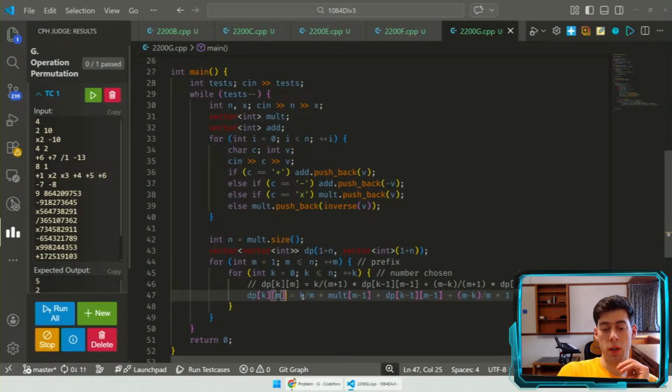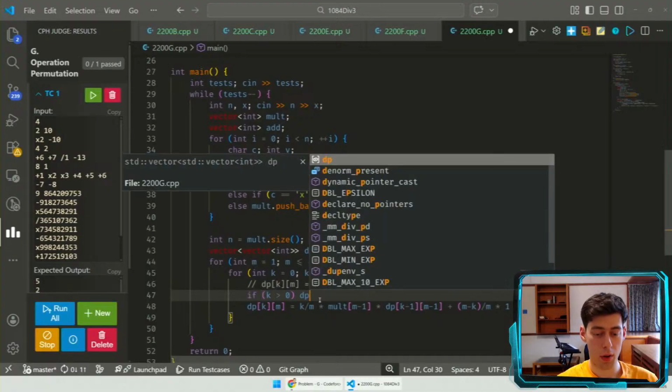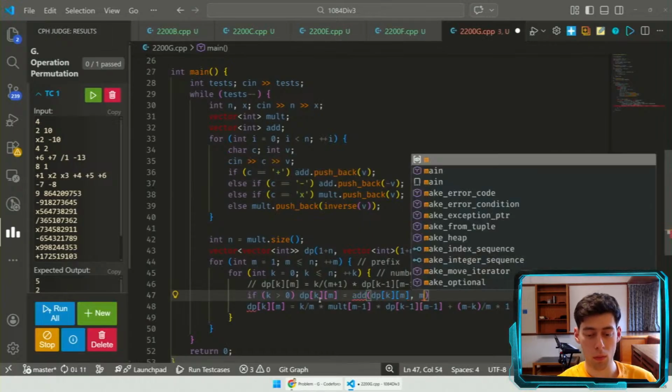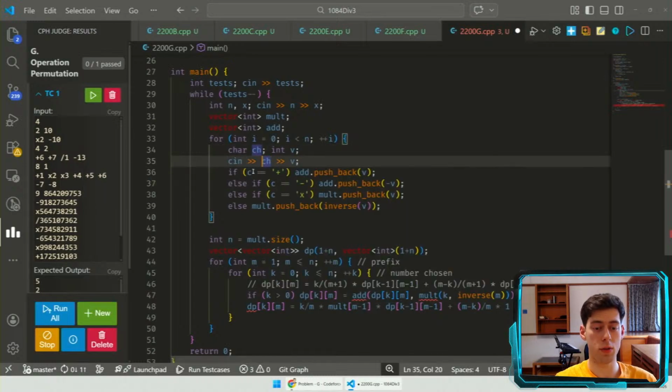Yeah, so now we need to deal with that explicitly though, because this being 0 will crash. So if k is bigger than 0, dp[k][m] equals add dp[k][m], mult k by inverse of m. Oh, I've overloaded mult. Okay, all right, I'll just change everything then.